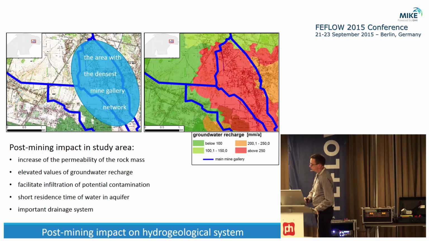And if you compare to the groundwater recharge results, you can see that here the groundwater recharge is higher, about 250 millimeters per year to 380 millimeters per year. So it's about 33% of the annual precipitation.